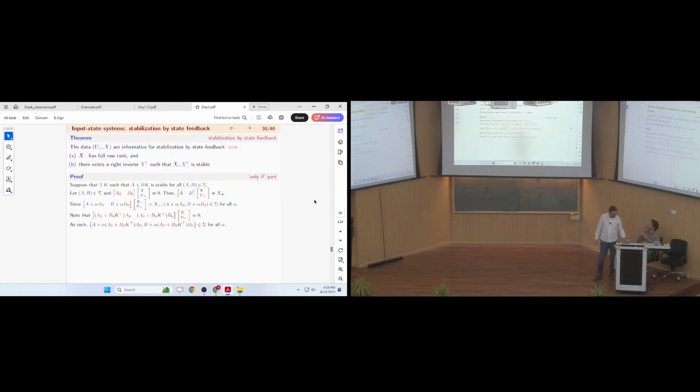So let's write this down. This M alpha matrix is nothing but nu A plus nu B times K. And it has eigenvalues in CG for any alpha. Now, here I use the property that CG is bounded.